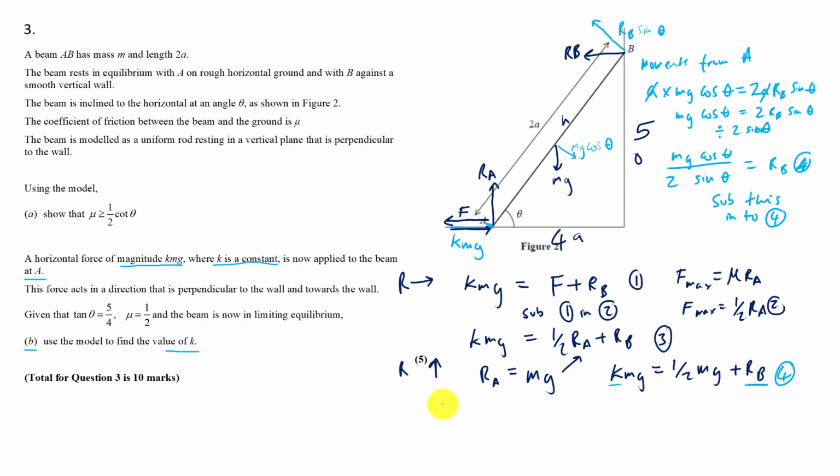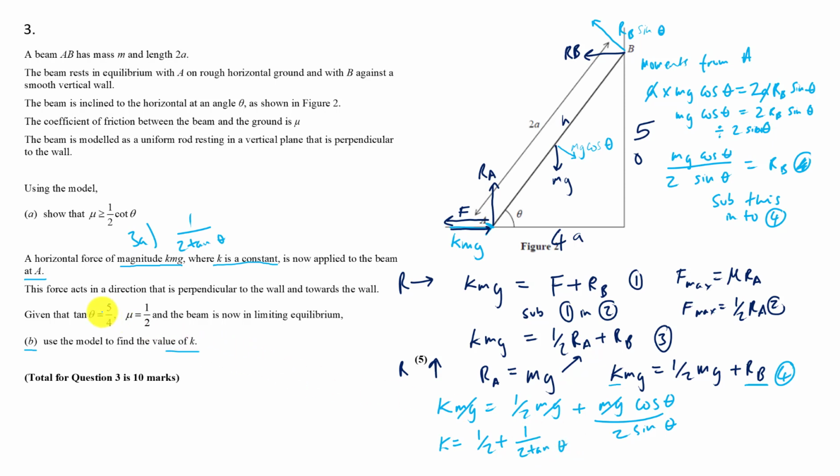So you can see what we'll get here is kmg equals a half mg plus mg cos theta over 2 sine theta. We can cancel out mg here, mg's in every term. So what we're going to get is k equals a half plus, once we cancel out the mg, 1 over 2 tan theta.